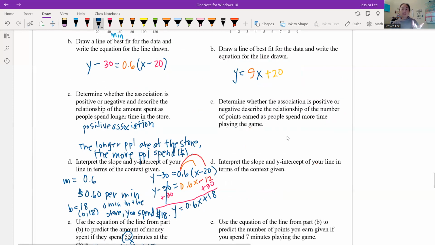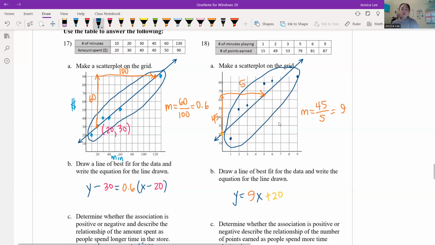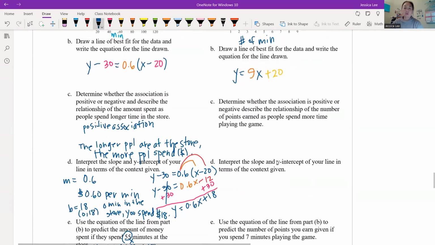Okay, association. Is it positive or negative? It says describe the relationship of the number of points earned as people spend more time playing the game. So as people spend more time, this is number of minutes, right? This is going to be the points. I'm getting these from up here, right? So the more they play, the more they earn, right? What is that called?